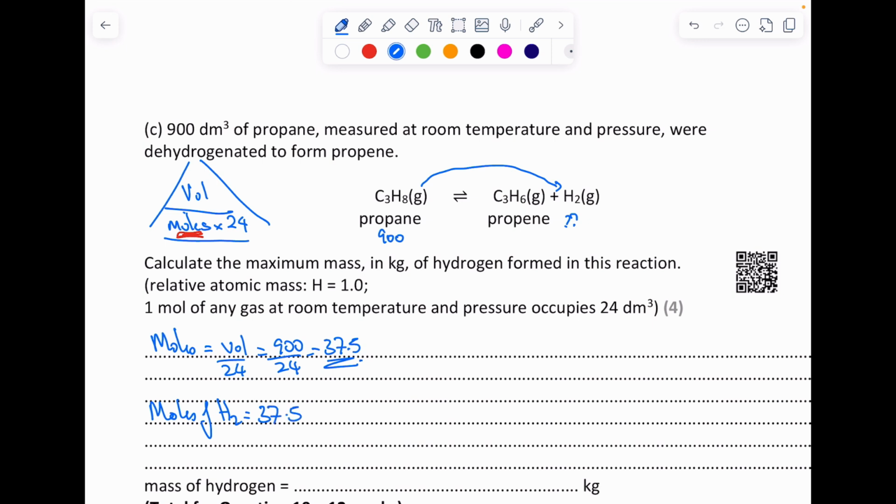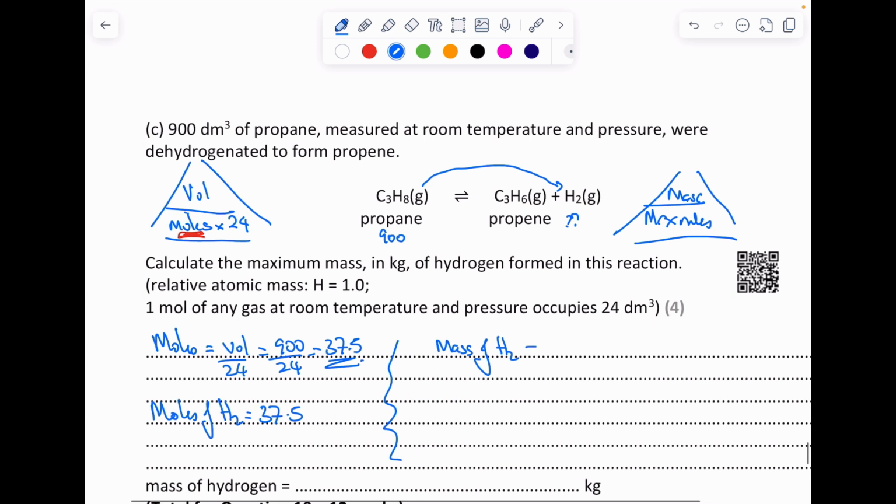So all I need to do now, let's draw a little wobbly line down there, is work out the mass of hydrogen. To work out the mass of hydrogen, if I write my triangle here, it's Mr, moles is underneath the mass. So I want to work out the mass.